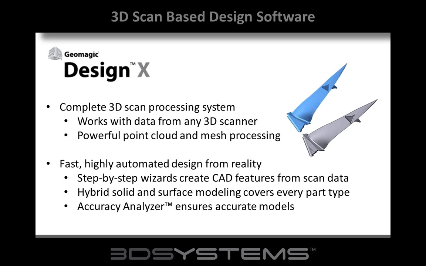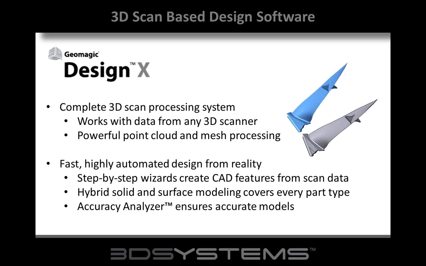The software is fast and highly automated in creating designs from reality, and we do that by using a step-by-step wizard and to extract the CAD features from scan data. And we can also do hybrid solid and surface modeling, so we can cover a variety of part types.